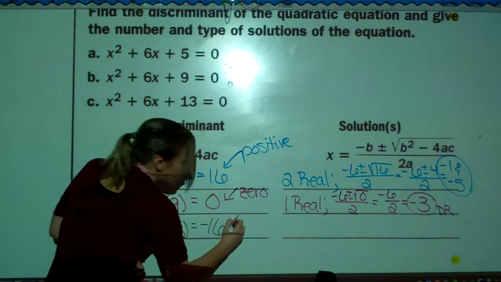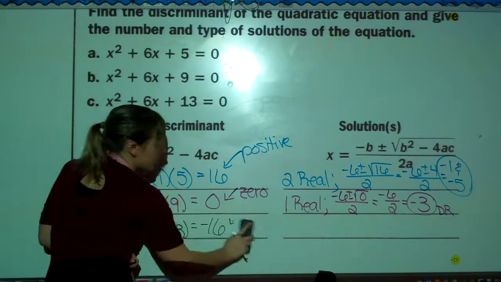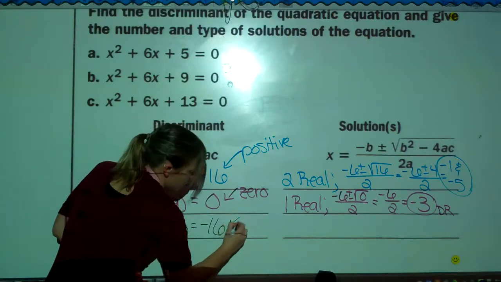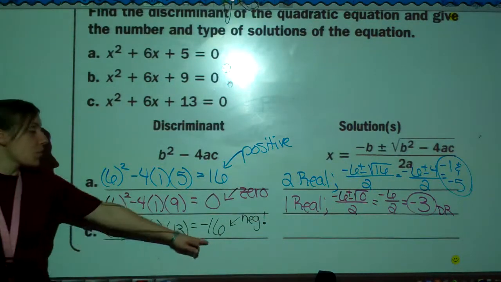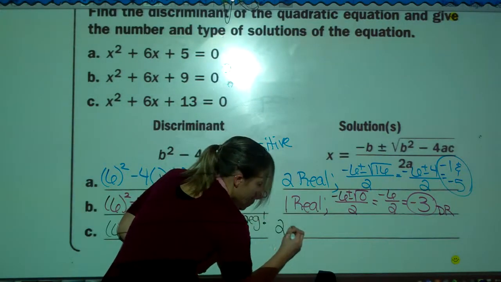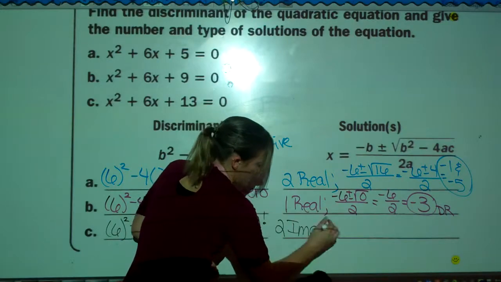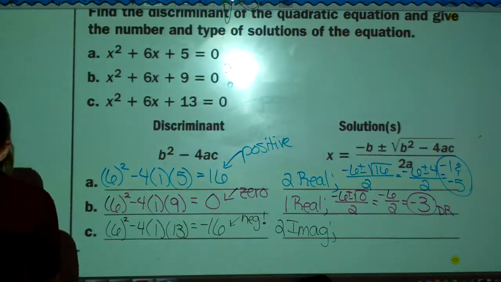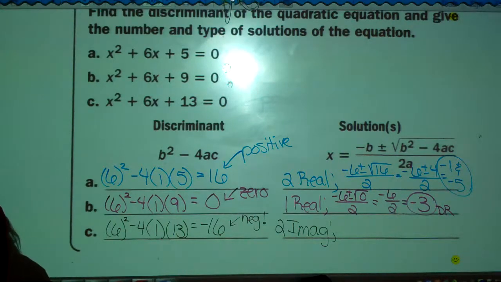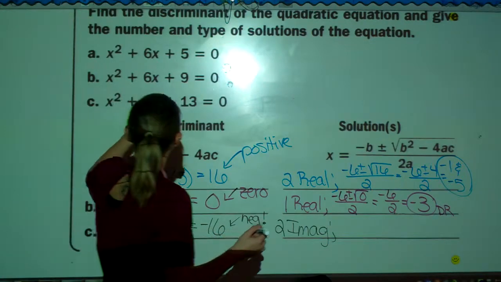So since it's a negative number, that means that when we square root that, it's going to be imaginary. So there are two imaginary answers. And the two imaginary answers are, let's see, the opposite of this.